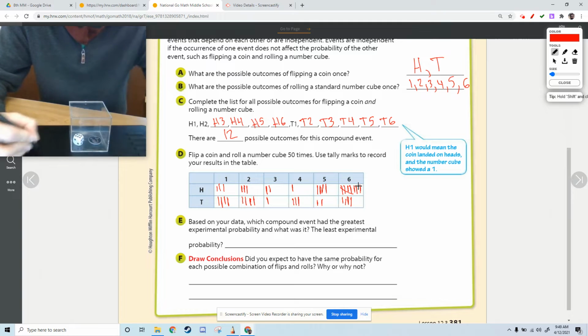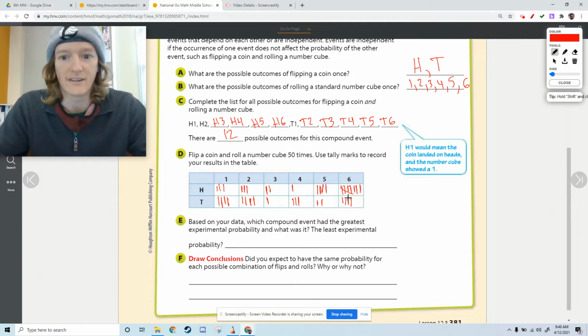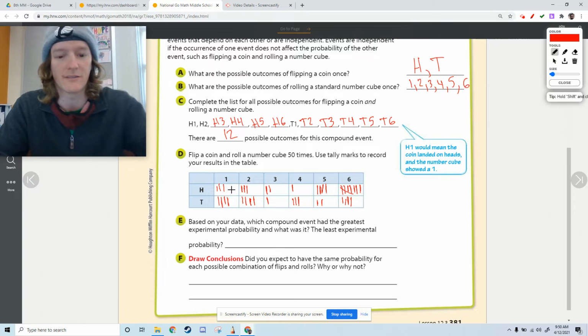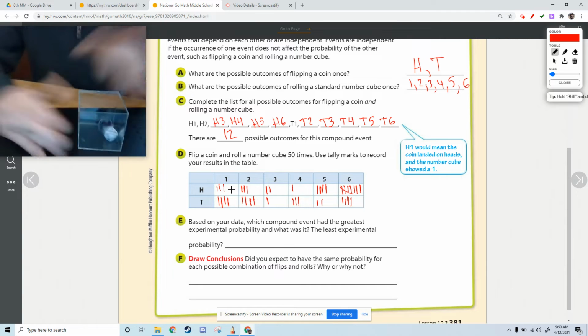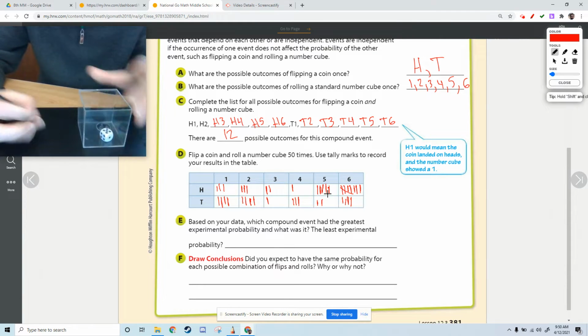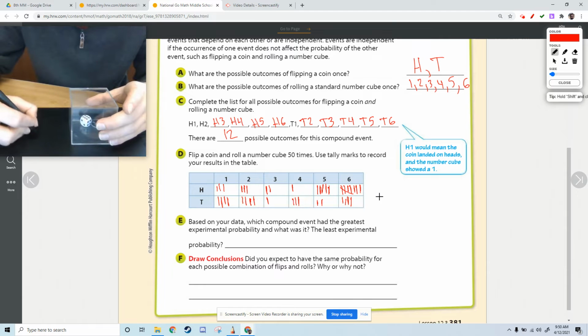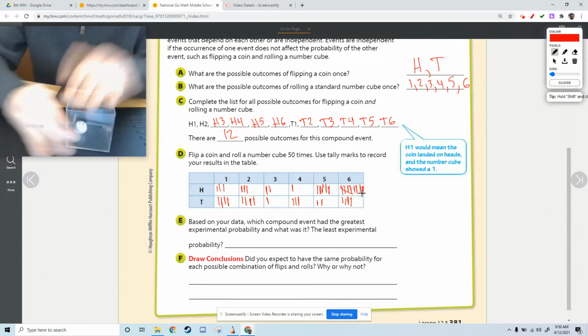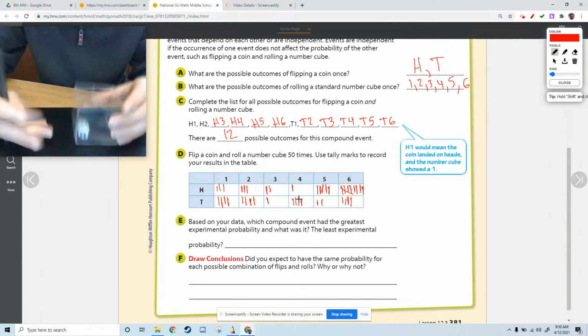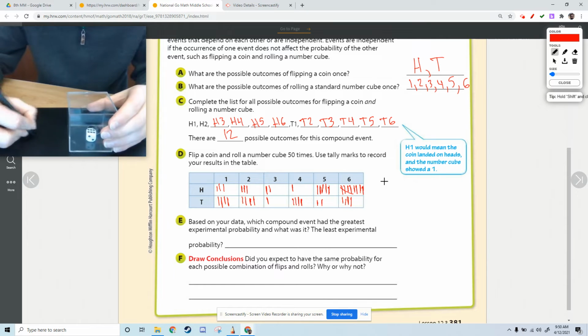6 heads. Let's count. We got 11 left. 5 heads. 6 heads. 4 tails. 6 heads.